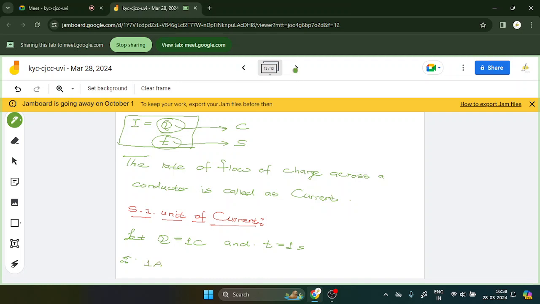So 1 ampere. Ampere is denoted by the symbol capital A. I am writing here 1 ampere, 1A, equals 1 coulomb per second. Clear? So the SI unit of current is what?